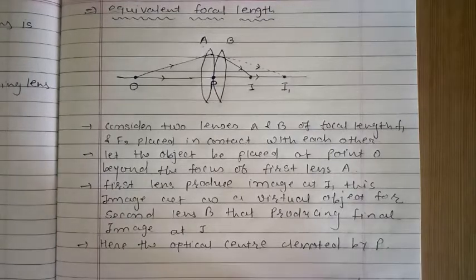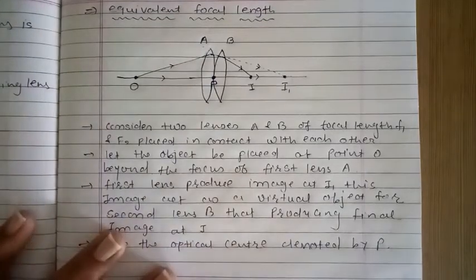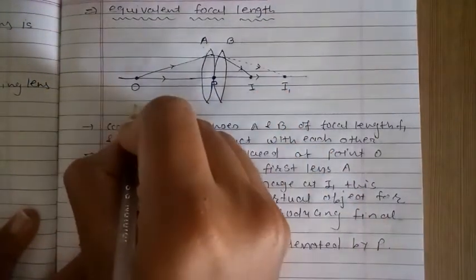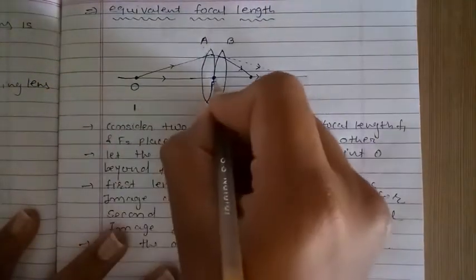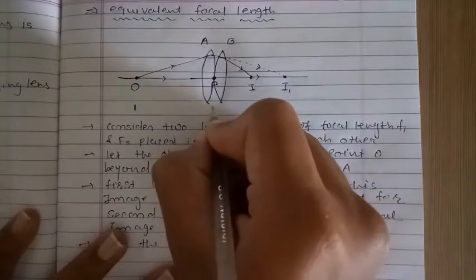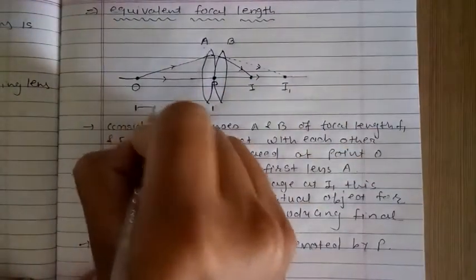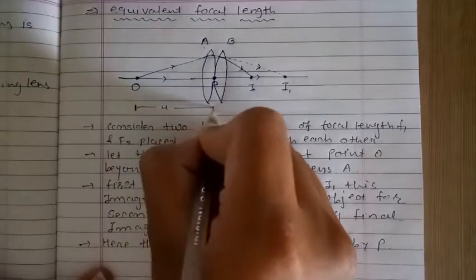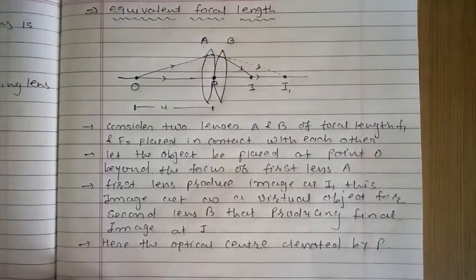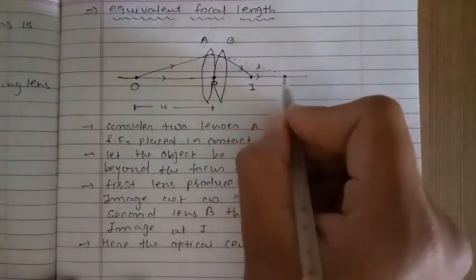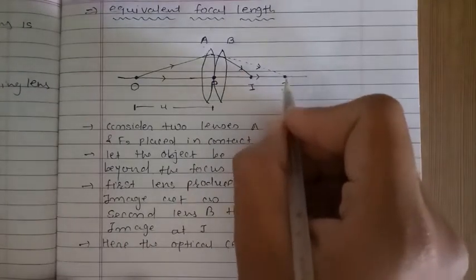Now here we have to measure the object distance. So here this is the object and this is the optical center. So here this is our object distance u, right? Okay, this is our first image, right?